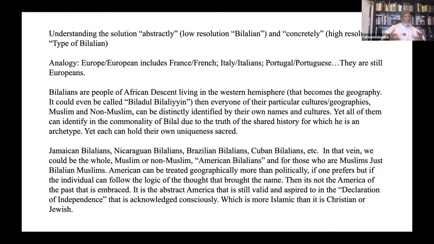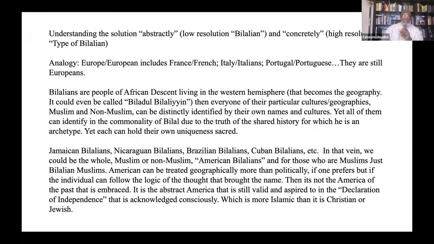That DNA is the DNA of the descendants of the generations from the chattel slave system. And so there is that common history, whether you call yourself a Christian today, or whether you follow some other traditional religion in those areas. The point is, how'd you get there? You came by way of the same system.